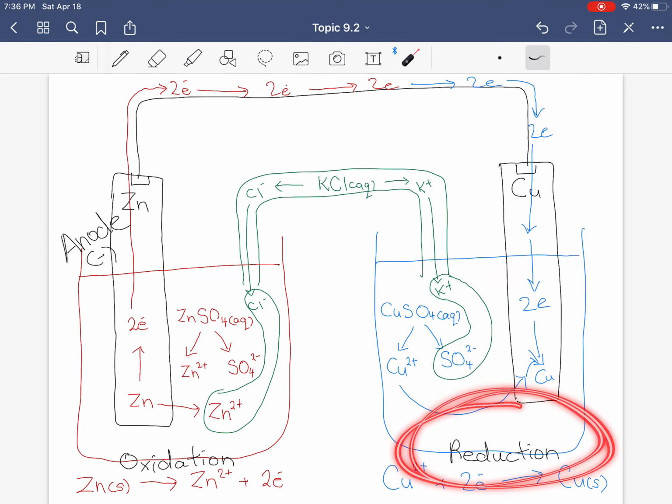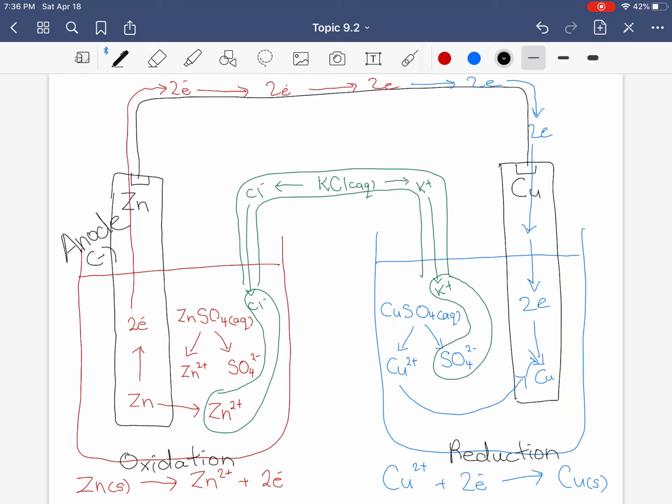Now, since this electrode is the reduction electrode, that means this is the cathode. Being a cathode in a voltaic cell, this is the positive end of the cell.